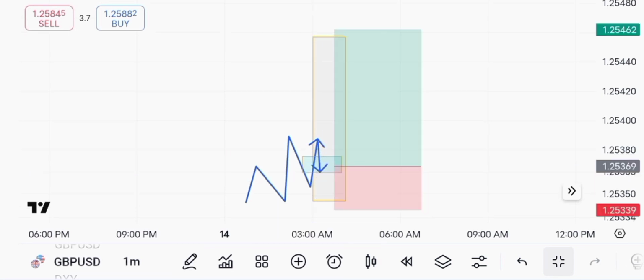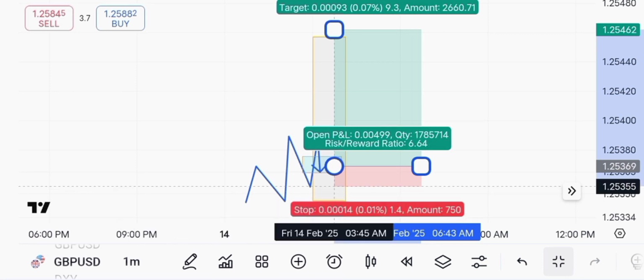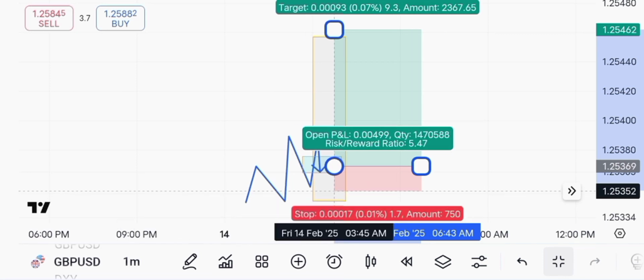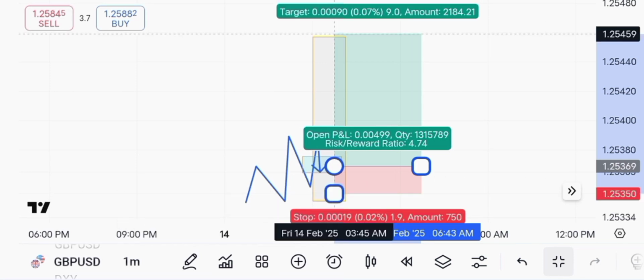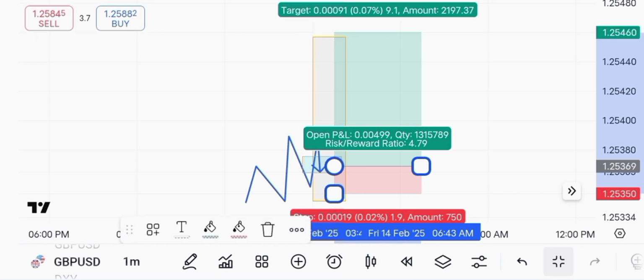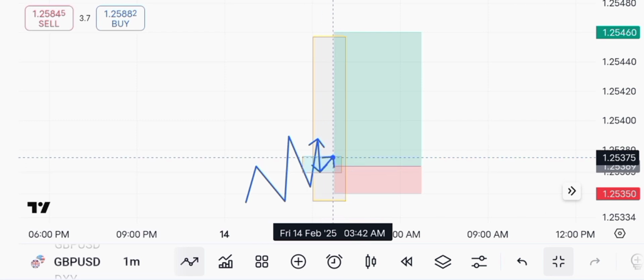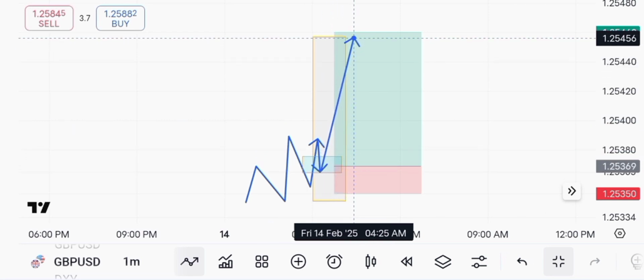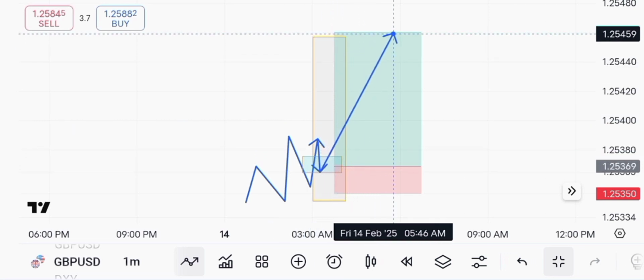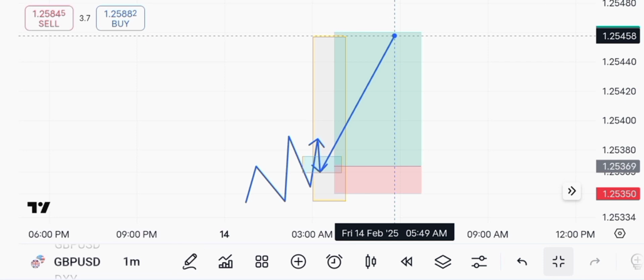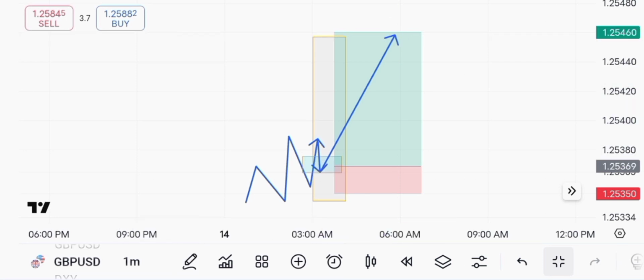Then stop loss below the displacement and take profit at the target. After the fill, we typically want to see price then rally to our destination. So that's for a bullish market.